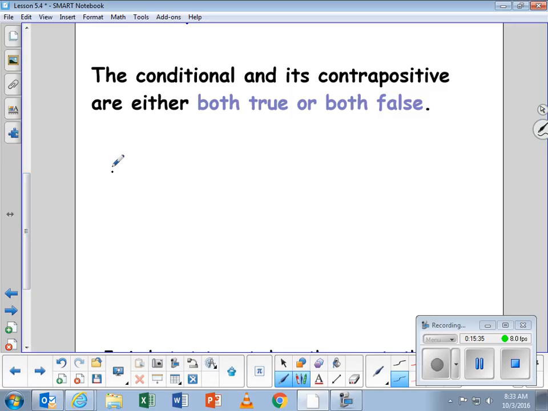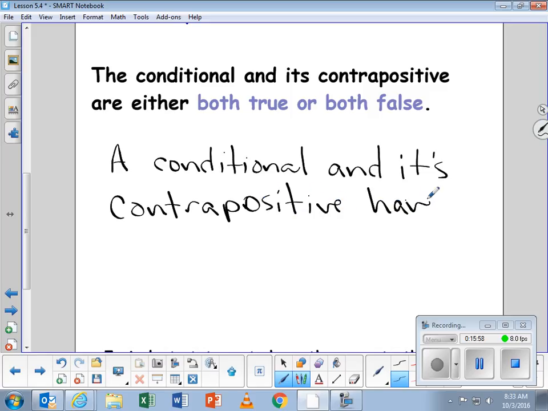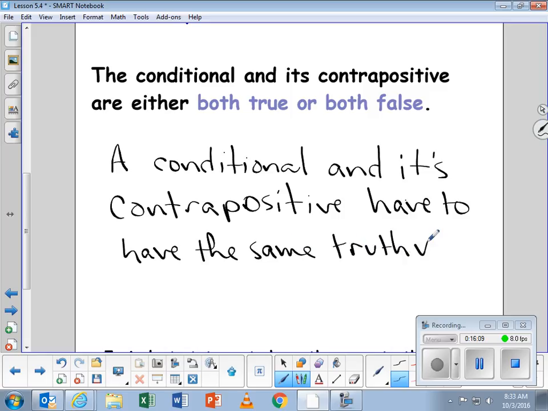Let's add that on here. A conditional and its contrapositive have to have the same truth value.